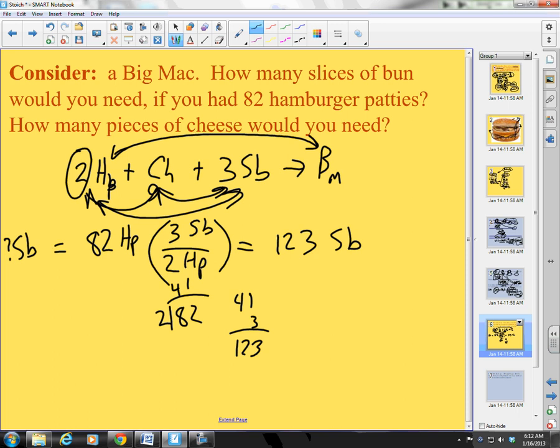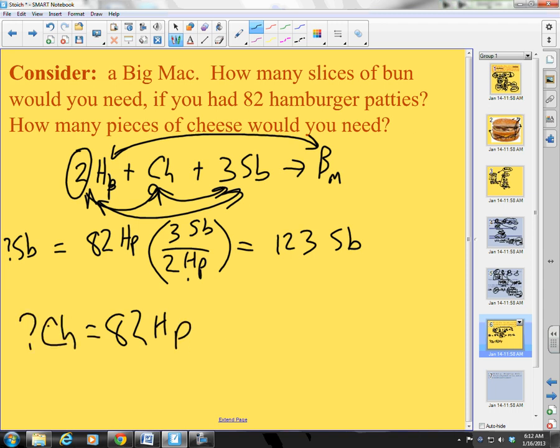How many pieces of cheese would I need? Once again, I have 82 hamburger patties. I want to know cheese. So I need to multiply that by a mole ratio of cheese to hamburger patty. How many hamburger patties? 2. How many cheeses? 1. It's 1 cheese for every 2.